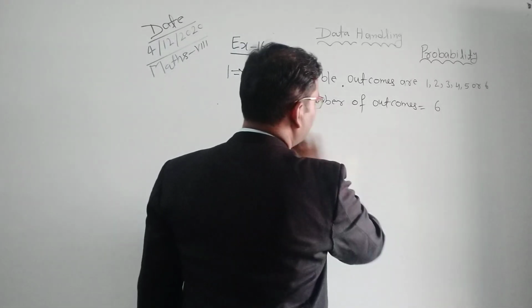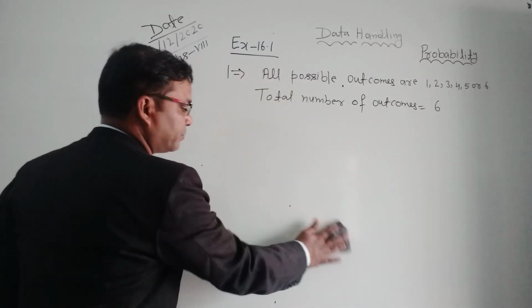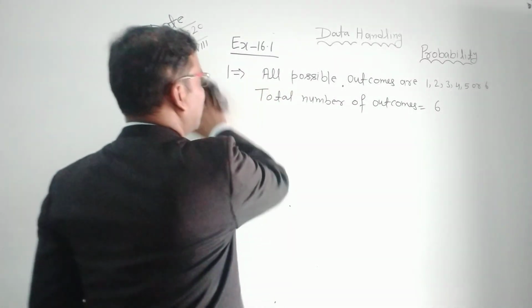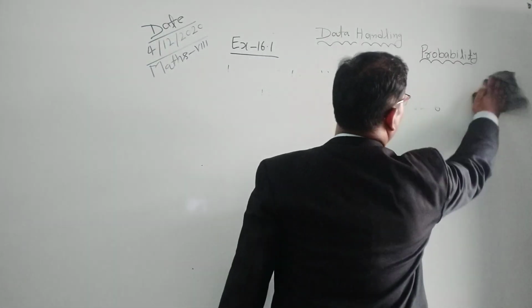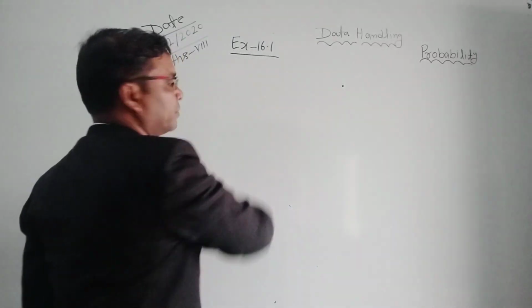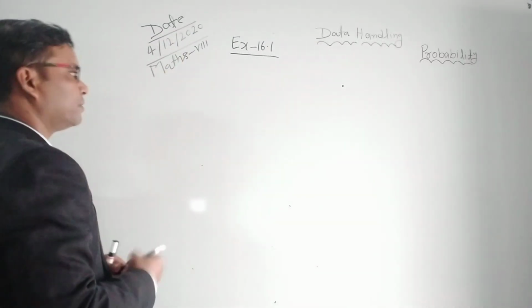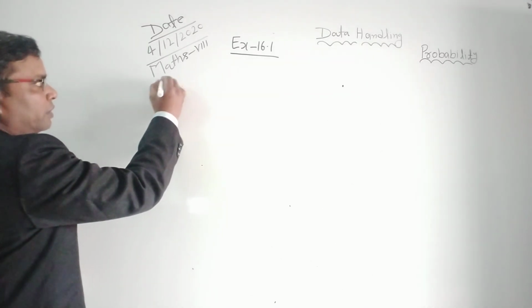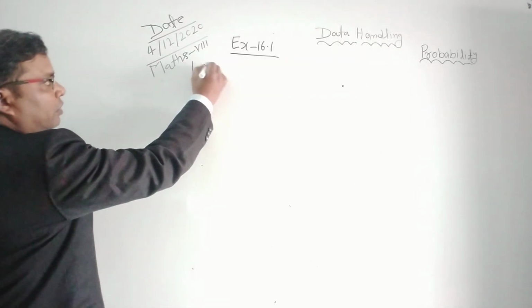So when you throw a die, we obtain all possible outcomes 1, 2, 3, 4, 5 and 6. Clear. Now the third part, in question number 1, third part.